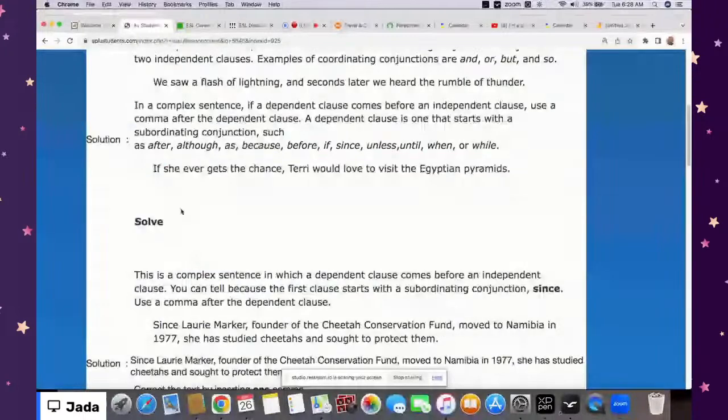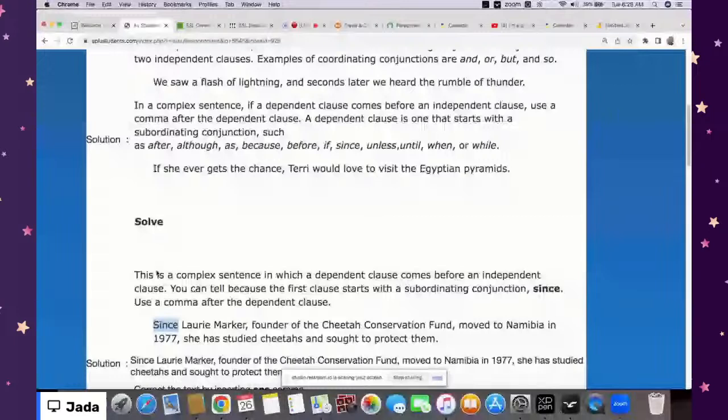That sentence is a complex sentence in which a dependent clause comes before an independent clause. You can tell because the first clause starts with the subordinating conjunction "since." Because of the "since" here, you know that it's a complex sentence and a dependent clause is starting first.